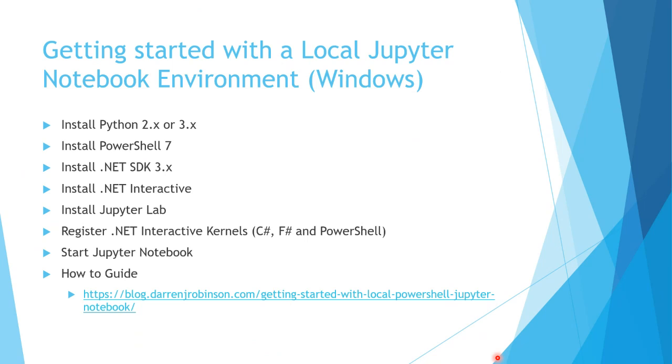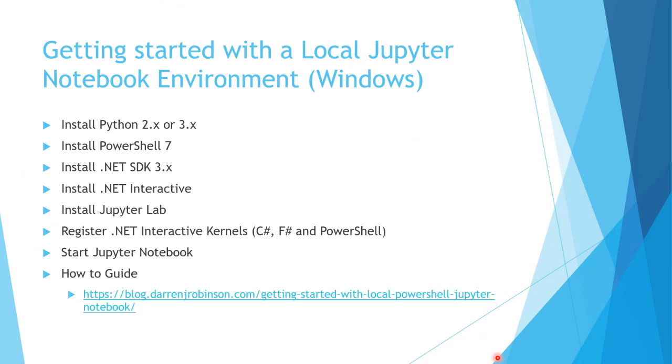There's not really any concern because we're not actually using Python too heavily other than for the environment and the dependencies there. You're going to need PowerShell 7. 7.0.2 is the latest. The .NET SDK version 3 and .NET Interactive. Then you install Jupyter Lab, register the kernels, and then you can start your notebook.